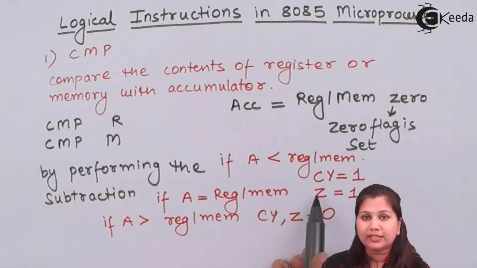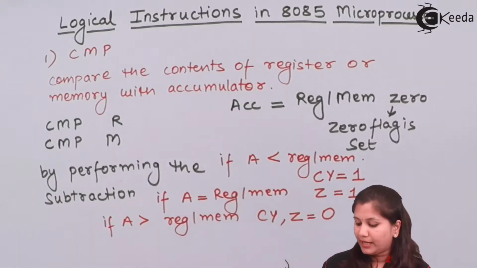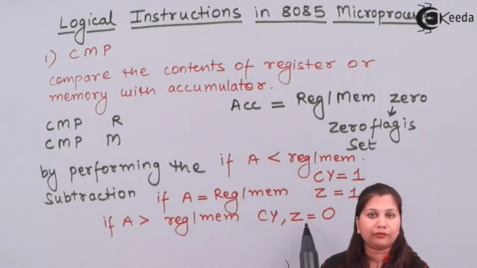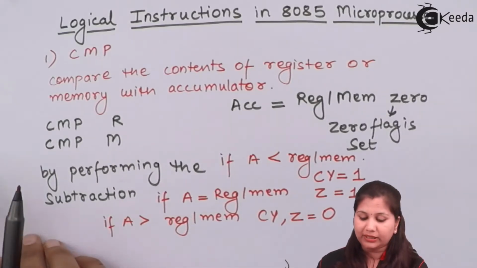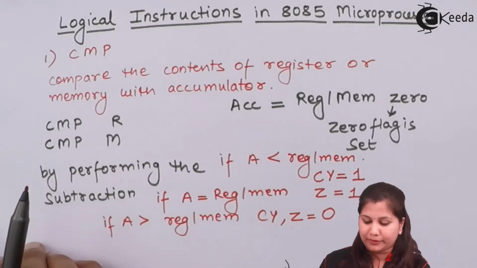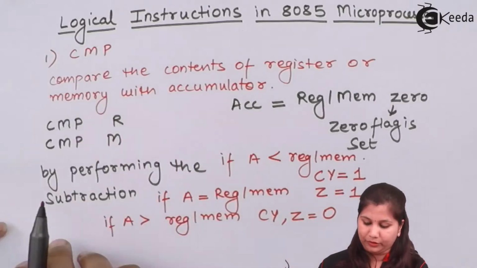If we find that zero flag is set, then the contents are equal to each other. And if we find that the carry flag and zero flag both are reset, then the contents of the accumulator are greater. So in this way, the comparison is done in the 8085 microprocessor using the instruction CMP.